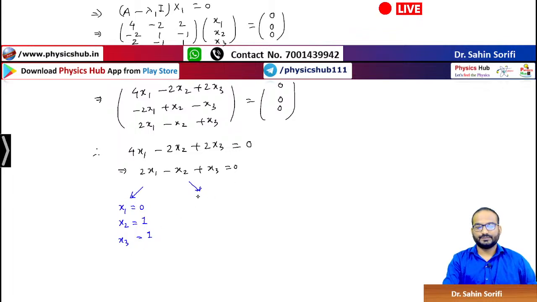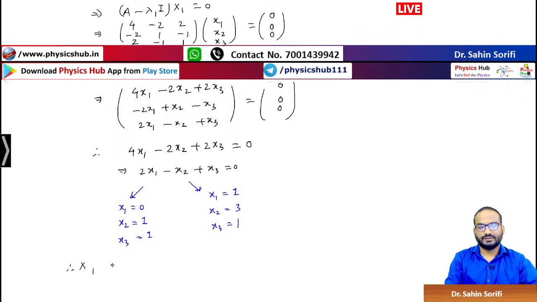Another possibility, you can take x1 equals 1, x2 equals 3, x3 equals 1, then again it is 0. And as you can see, we can call it x1 as 0, 1, 1, isn't it?